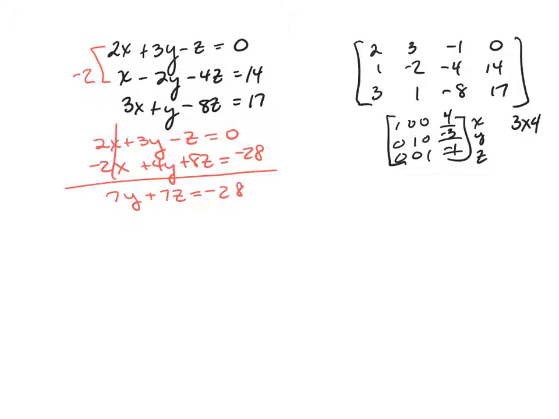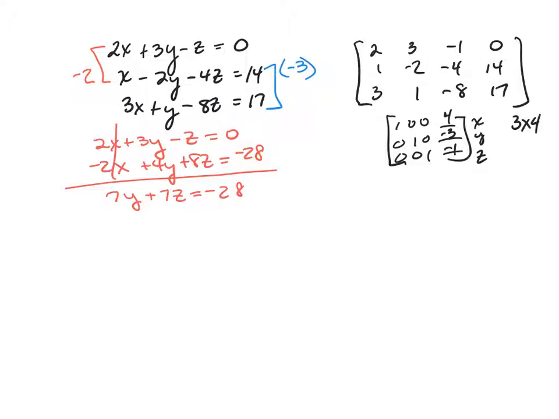So now we got to get the other 2 equations into the party. So we're going to take the second and the third equation, these 2, and eliminate. This is the thing people don't do. You have to eliminate the same variable. So if you eliminated the z on the first run, you have to eliminate the z on the second run. But we eliminated the x, so we have to eliminate the x. So to do that, we have to multiply that second guy by -3. Does everybody understand that?